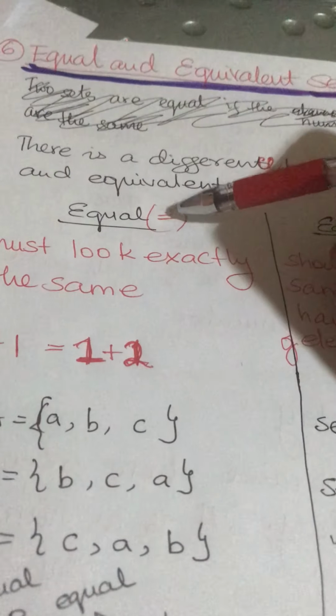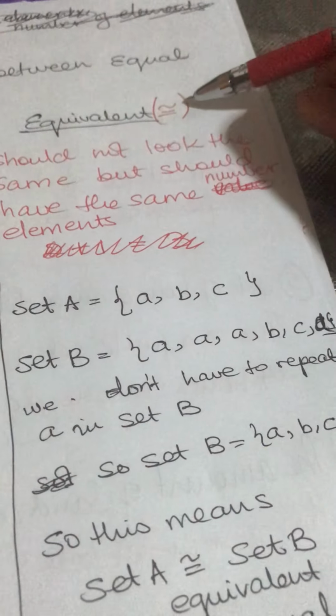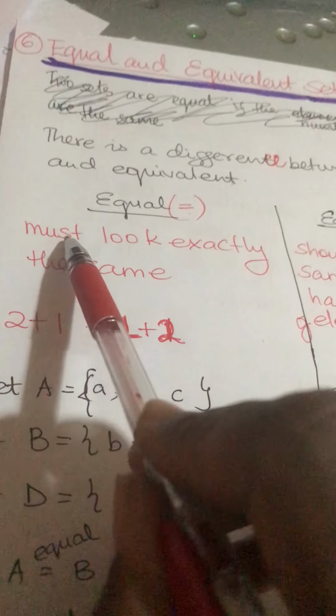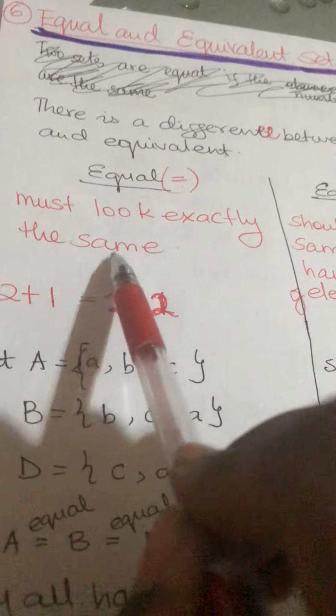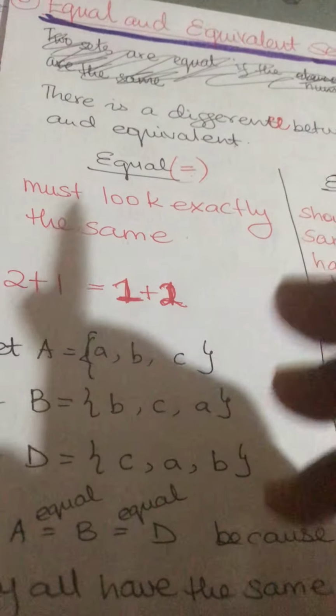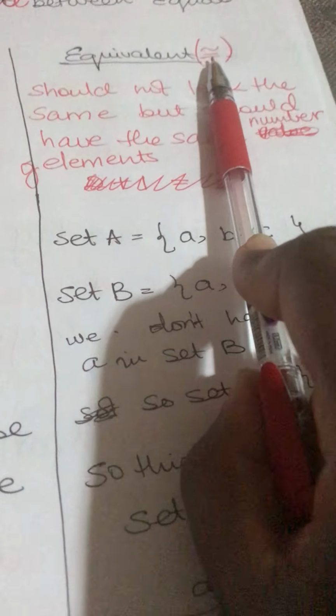Okay? When we use equal, you have to use the equal sign. When you're saying equivalent, you use the congruency sign. Okay? They must look the same for you to be equal. And you must have the same number for you to be equivalent.